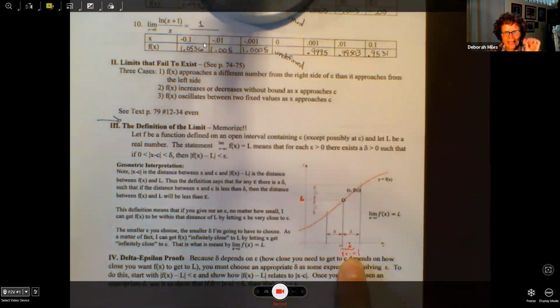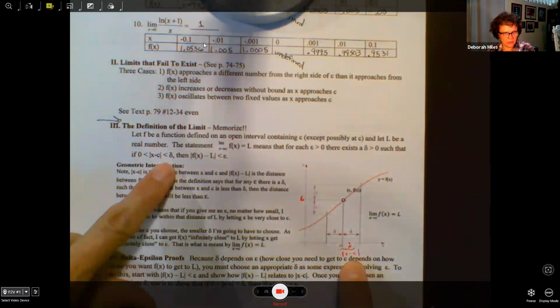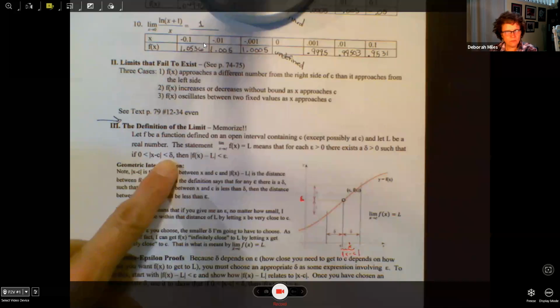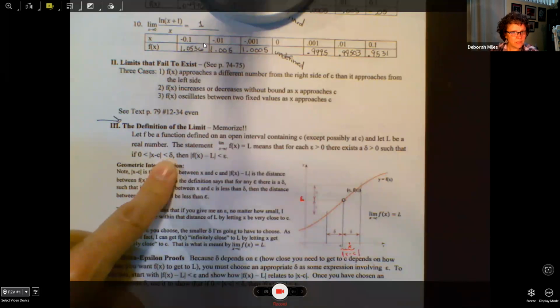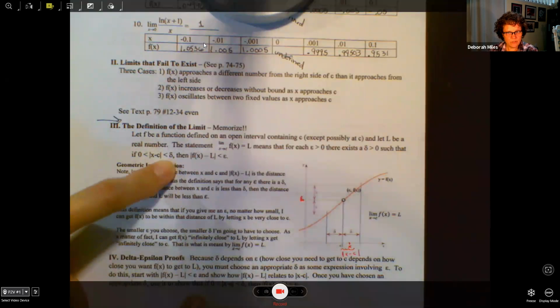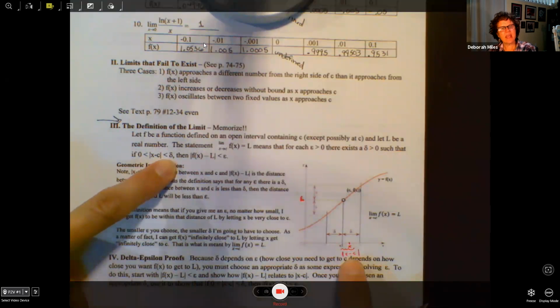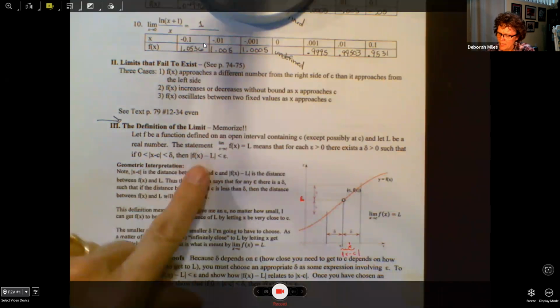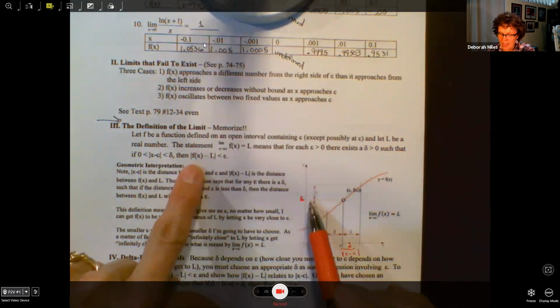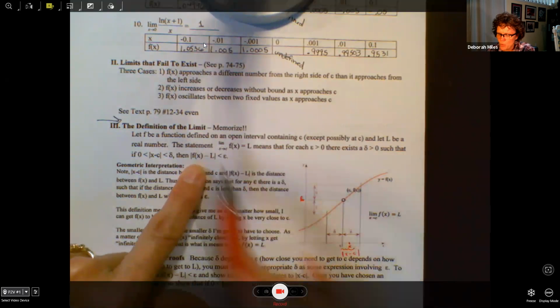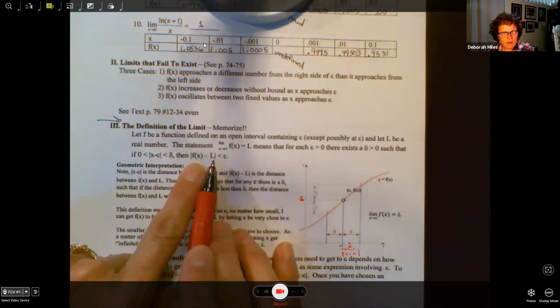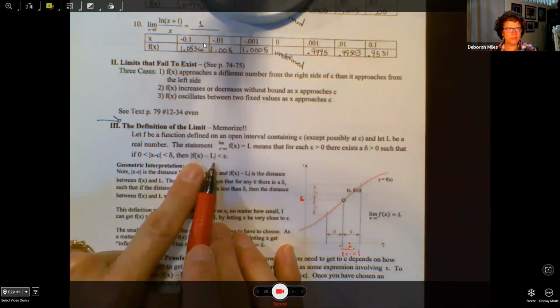So as long as that distance is less than some delta, and in the other problem, delta turned out to be a fourth of the epsilon, we're going to learn how to find the delta in just a minute. But as long as that absolute value of x minus c is less than delta, then your function value f of x will be within epsilon units of L. All right, you're probably going, shooting made more sense.